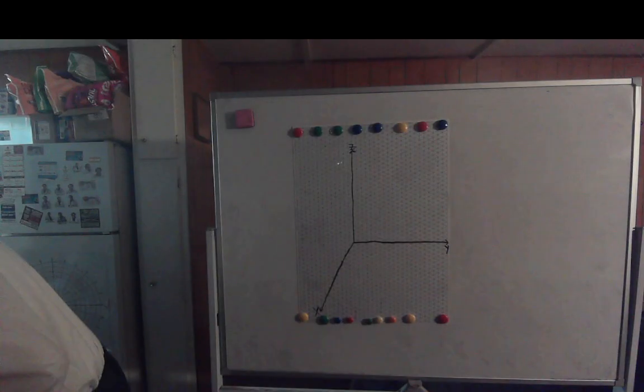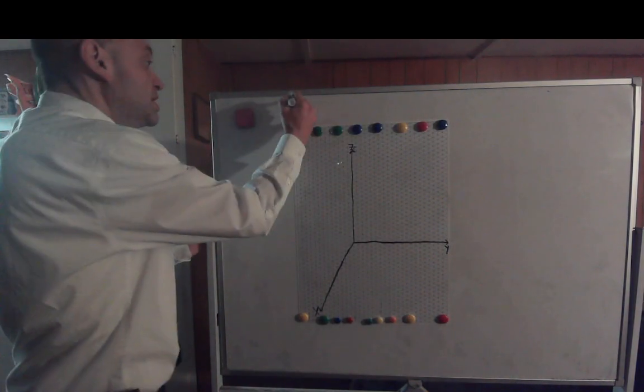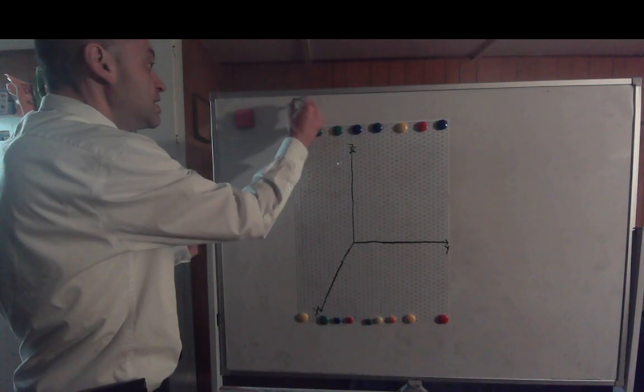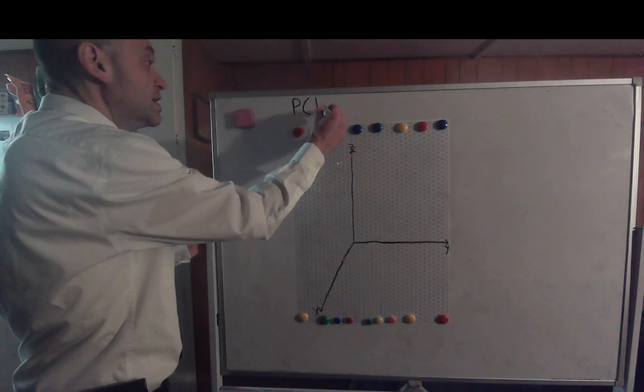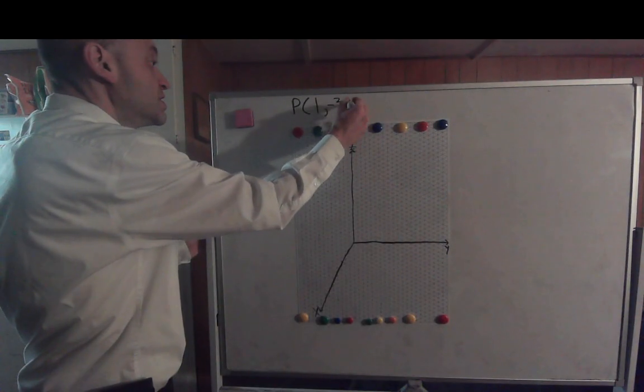So let's go ahead here. We'll say point P has the coordinate 1, -3, -2.